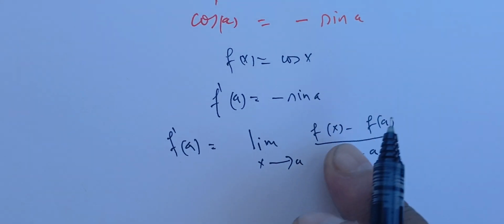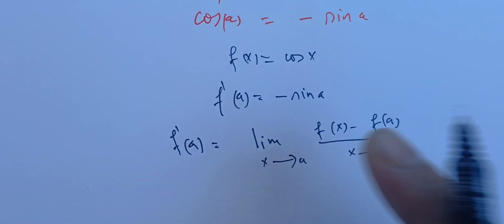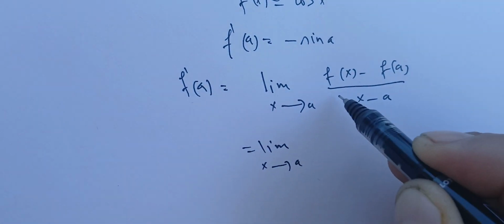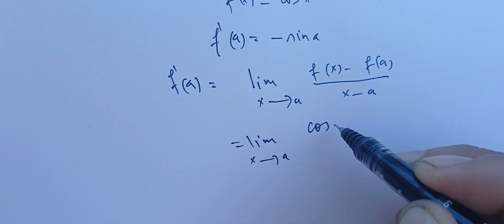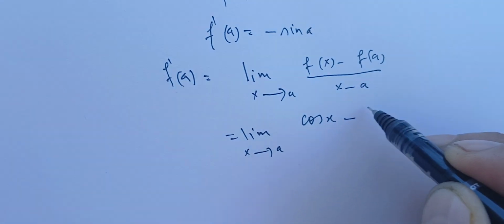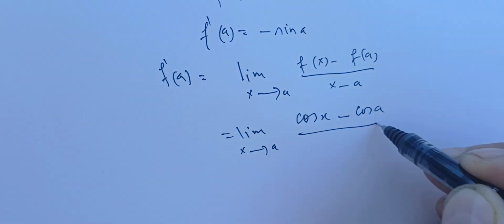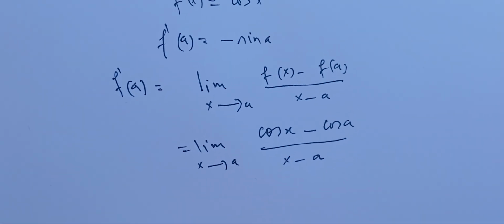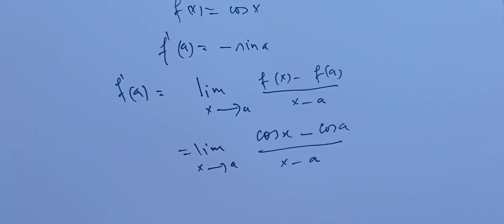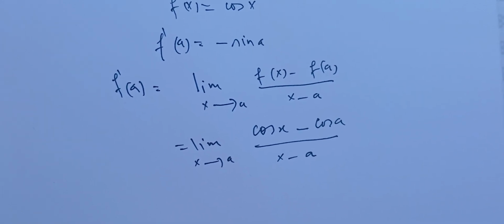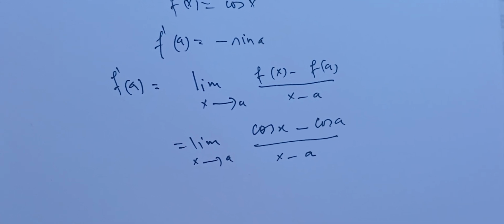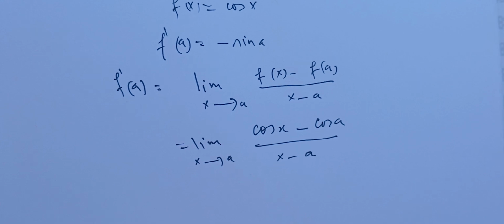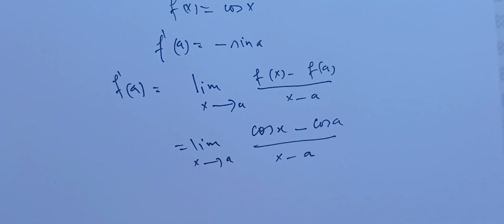If we plug in f of x, let's write it down. The limit as x goes to a, where f of x is just the cosine of x and f of a is cosine a, over x minus a. Here we can use trig identities to find the limit, or we can change the variable.